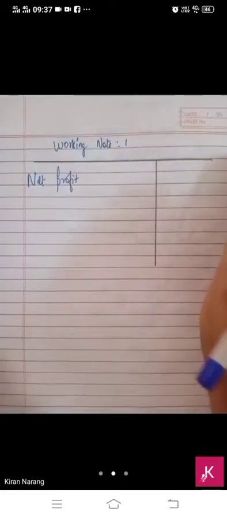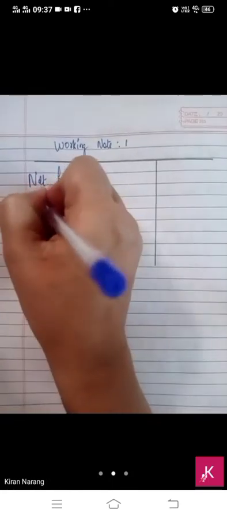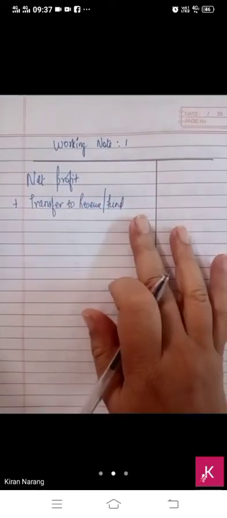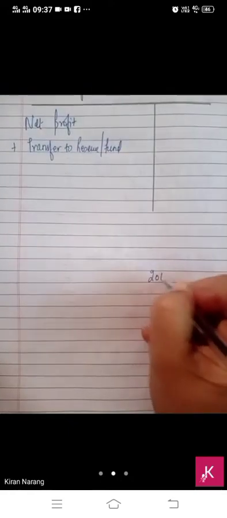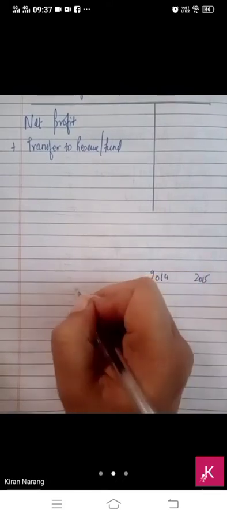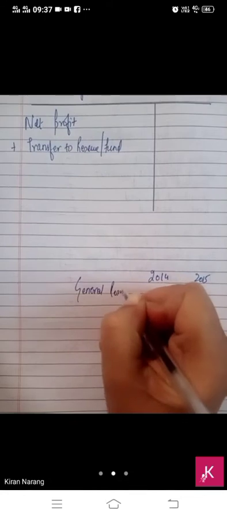If these 4 items are given to you, you have to add them up in the working note only. This is transfer to reserve. Any type of reserve or fund you have to transfer, you have to add it here. If you have transferred, how will you come to know that you have transferred? It will be given like this. Suppose general fund or sinking fund or general reserve, any reserve or fund.